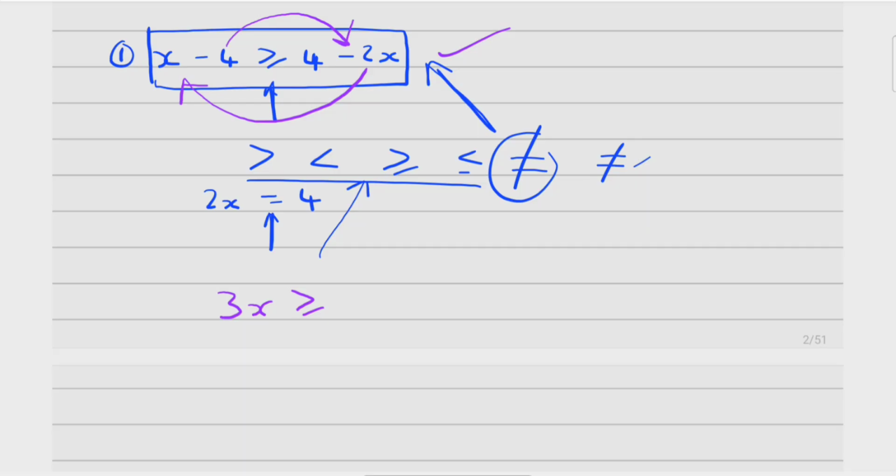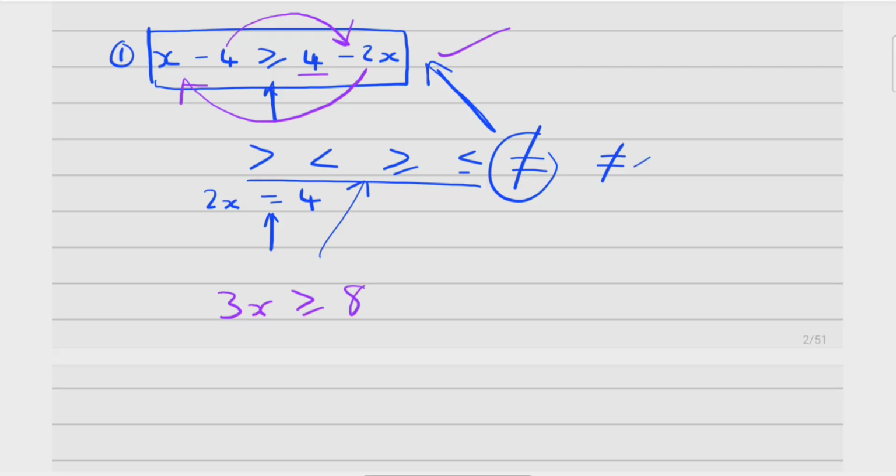And we know that whenever something changes side, the sign also changes, right? In equations, right? So minus 2x will be 2x on the other side, and minus 4 will be 4. So this will be 4 plus the other 4, and that will be 8.